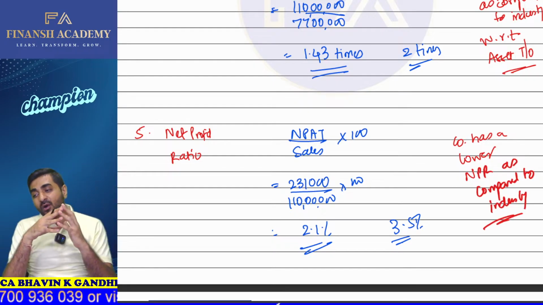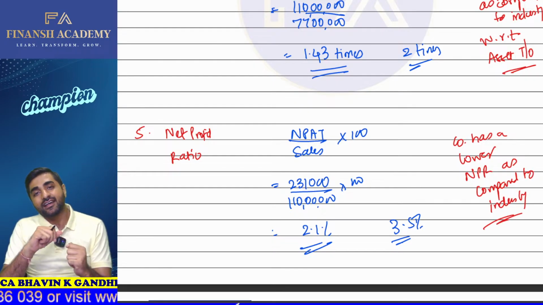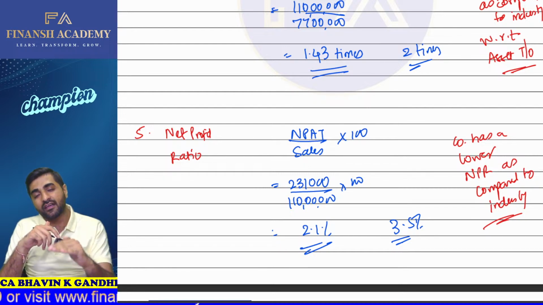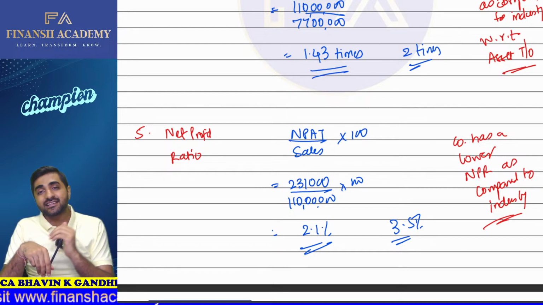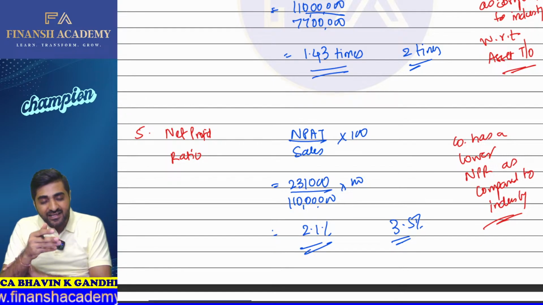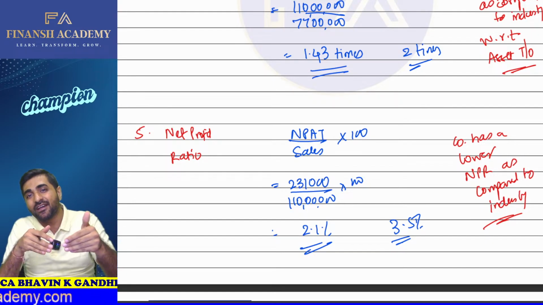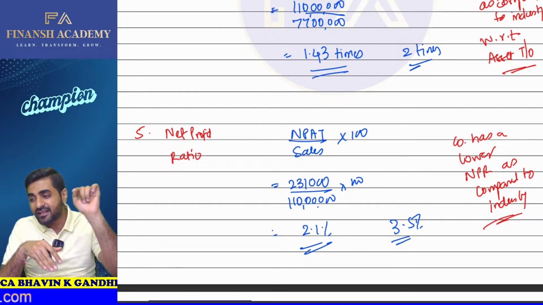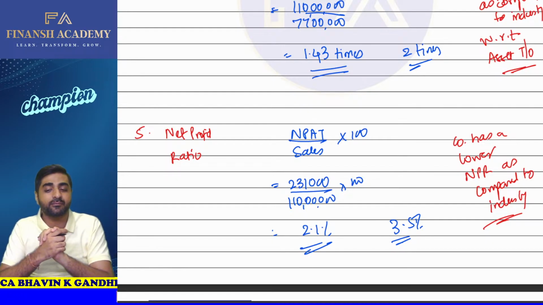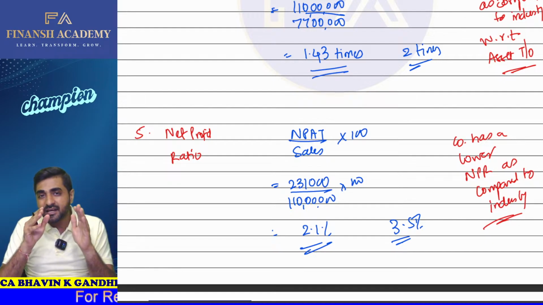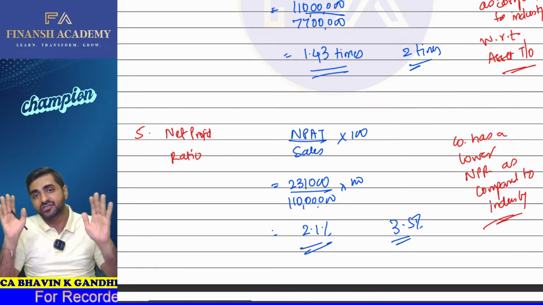And guys, all this is the outcome of what? That the company is having lower efficiency. The company is actually having a lower asset turnover ratio. So all these things will definitely be reflected somewhere. Where is it getting reflected? In the net profit ratio. And what is happening to the net profit ratio? The company's net profit ratio is lower as compared to the industry standards.